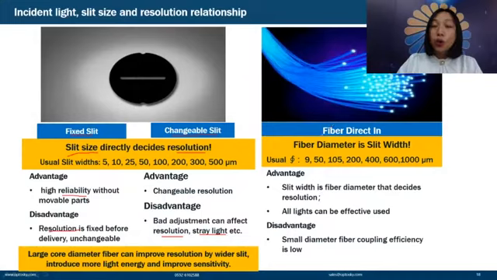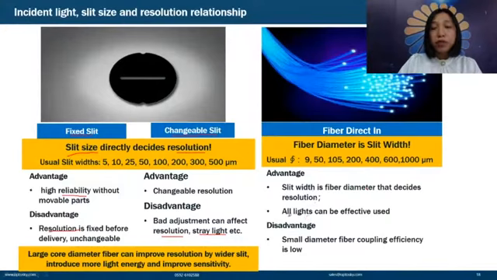And also we use fiber direct in, so the fiber diameter is the slit width. We have 9, 50, 105, 200, 400, 600, and 1000 micrometer fiber diameters. The advantage is the slit width is the fiber diameter. It can directly decide the resolution.